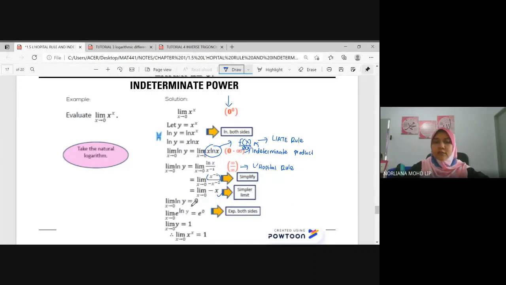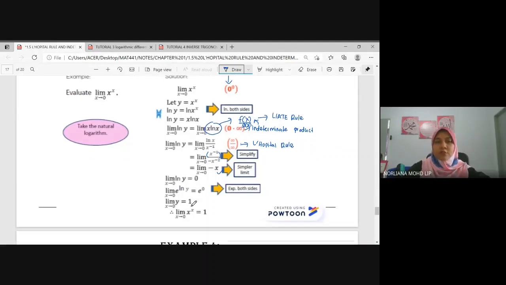Then we want to find the value for y. So we take the exponent. We got ln y equal to 0, so y equals e to the power of 0, which equals 1.